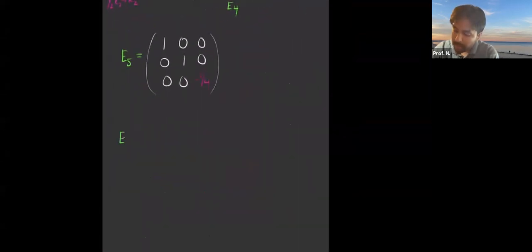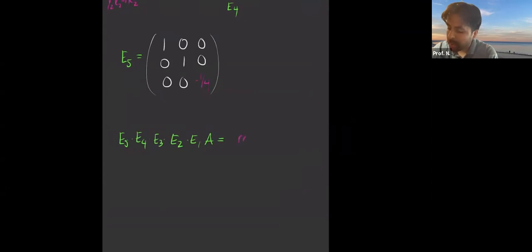When you multiply E5, E4, E3, E2, E1 to A, what do I get? At the result, I get RREF. I mean, no, not RREF. I get REF of A. I get the row echelon form.